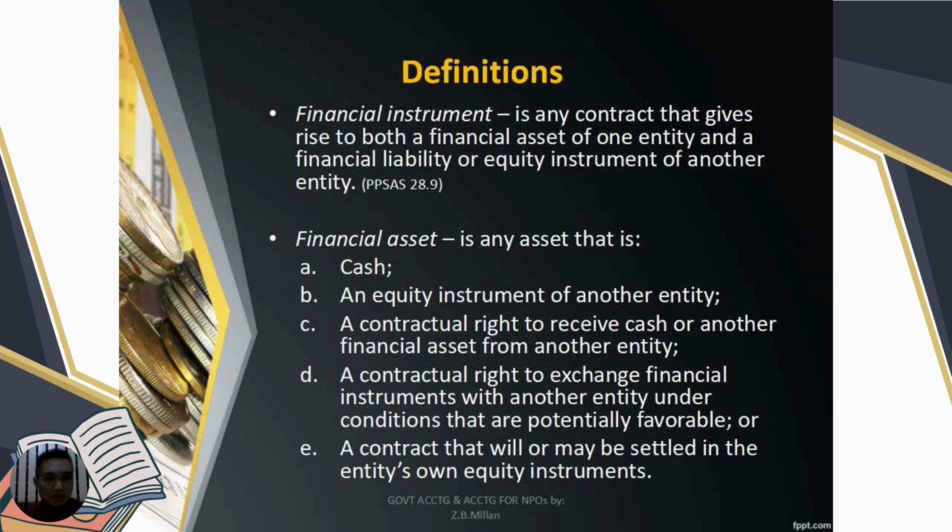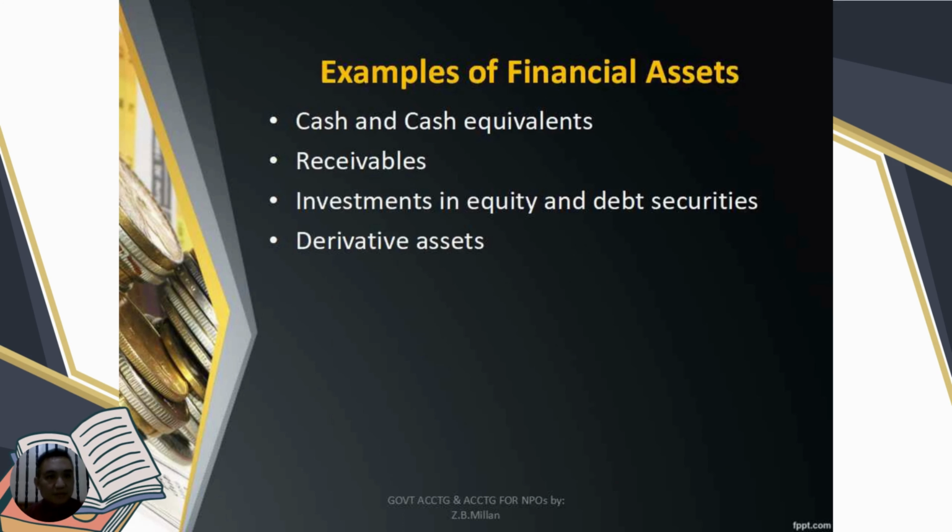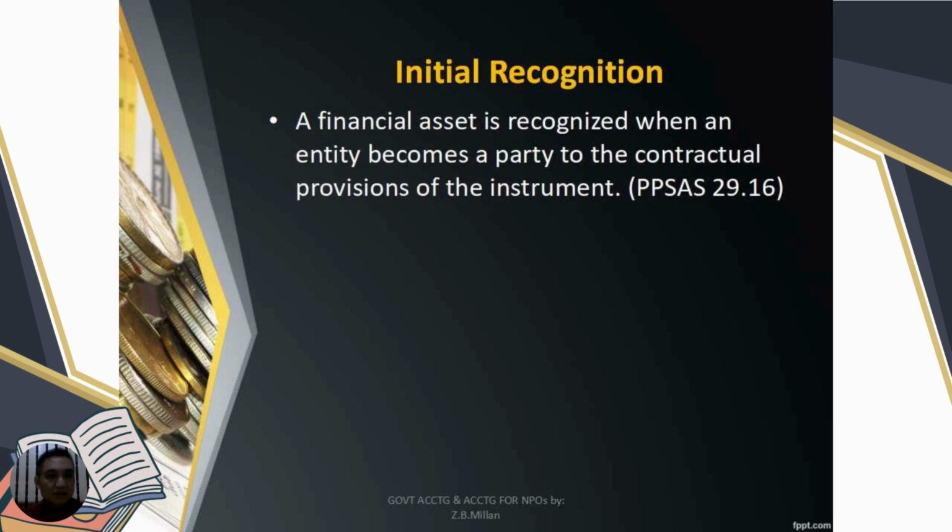It is any asset that is cash, an equity instrument of another entity, a contractual right to receive cash or another financial asset from another entity, a contractual right to exchange financial instruments with another entity under conditions that are potentially favorable, or a contract that will or may be settled in the entity's own equity instruments. Examples of financial assets: cash and cash equivalents, receivables, investments in equity and debt securities, derivative assets.